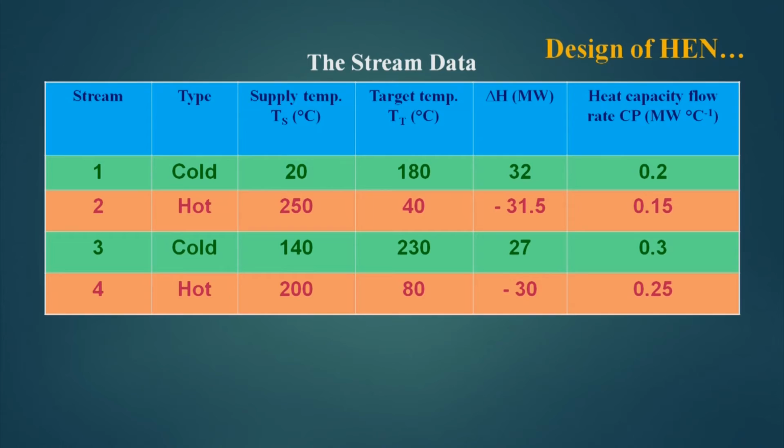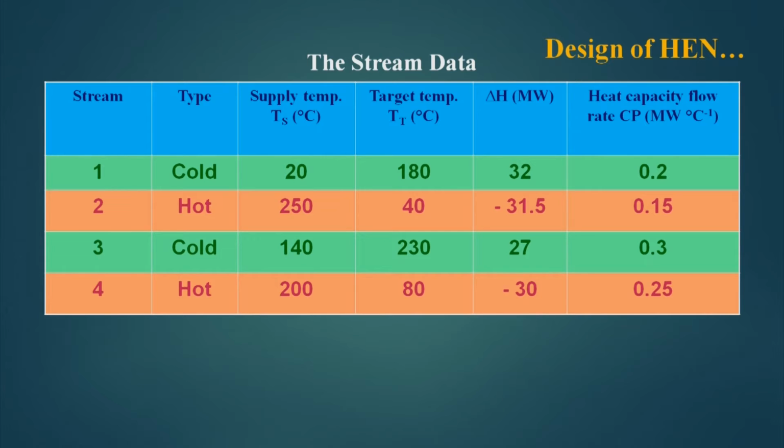Now, to demonstrate these design principles, we have taken stream data. Here there are 2 cold streams and 2 hot streams. Supply and target temperatures, delta H values, and heat capacity flow rate values are given.